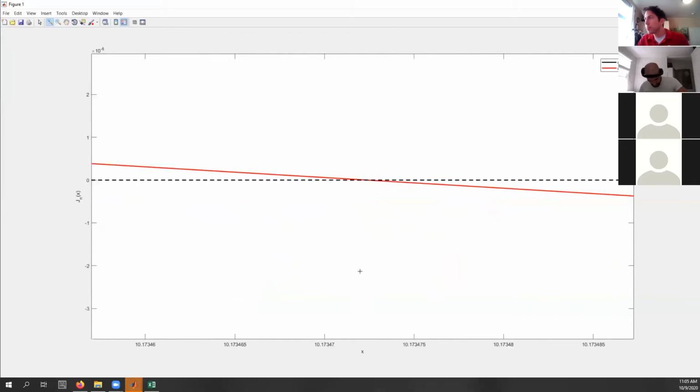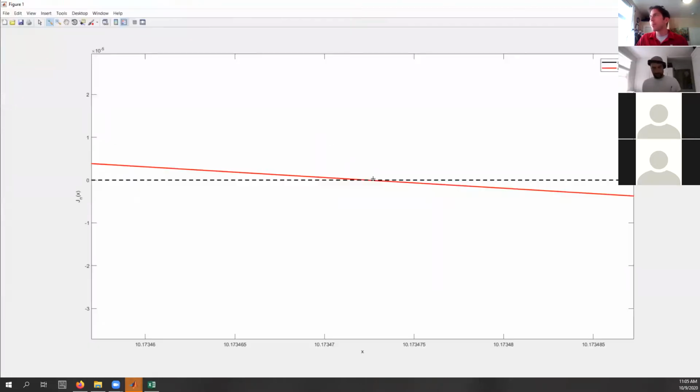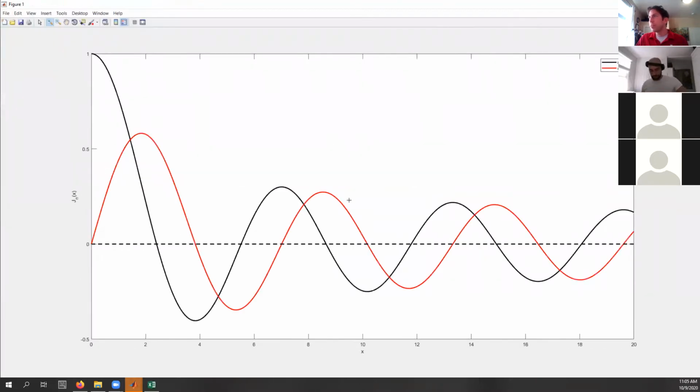What are we at? 10.173-ish. Well, the book says 174. Okay. And it's okay if that last little digit is off a smidge. You shouldn't need that much precision. 1, 2, 3, 4.